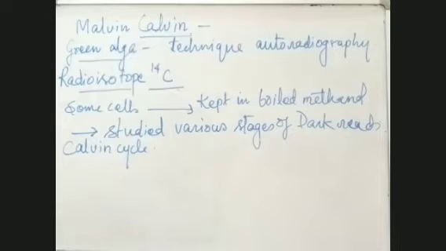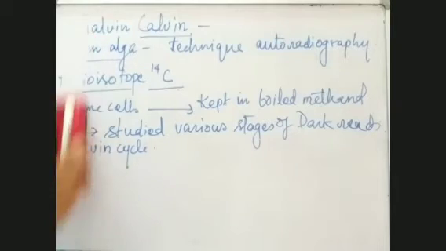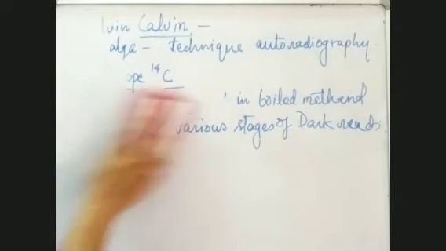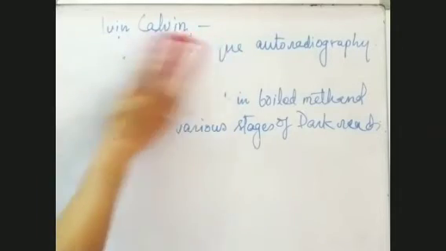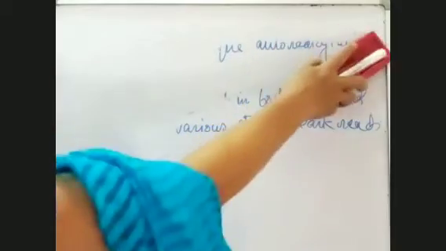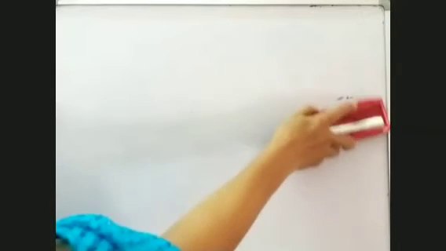Okay. Now let's start how this cycle takes place. As you know, in the dark reaction, CO2 is taken up by an acceptor, and then a product is formed. CO2 is utilized in this dark reaction and converted into food, that is carbohydrates.